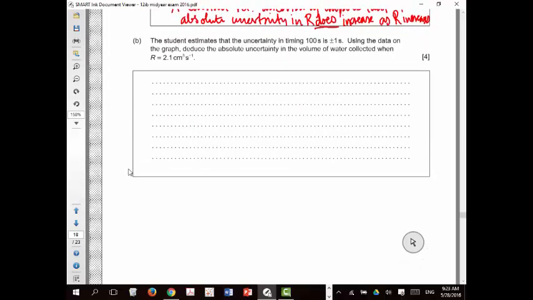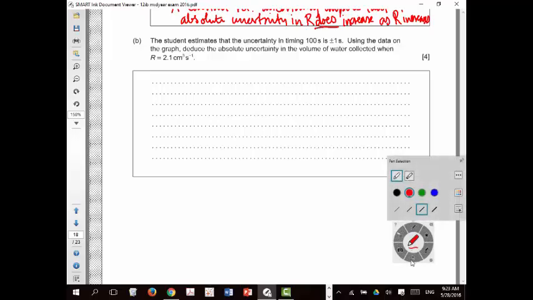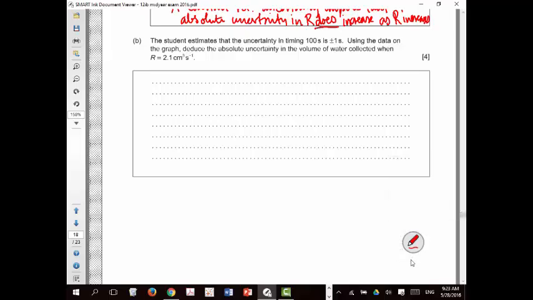B, the student estimates that the uncertainty in timing is plus or minus 1 second. Using the data on the graph, deduce the absolute uncertainty in the volume of water collected when R is 2.1 centimeters cubed per second. Okay, so the relative uncertainty in time is 1 over 100, which is 1%.